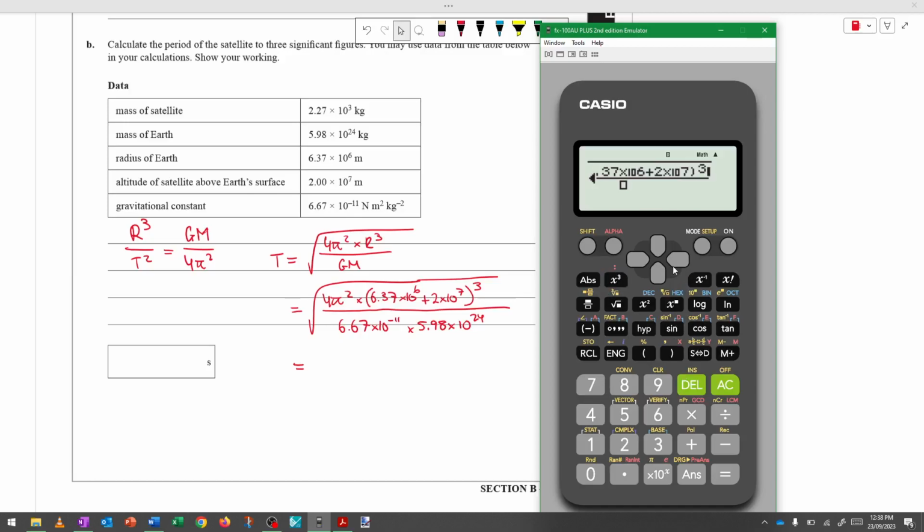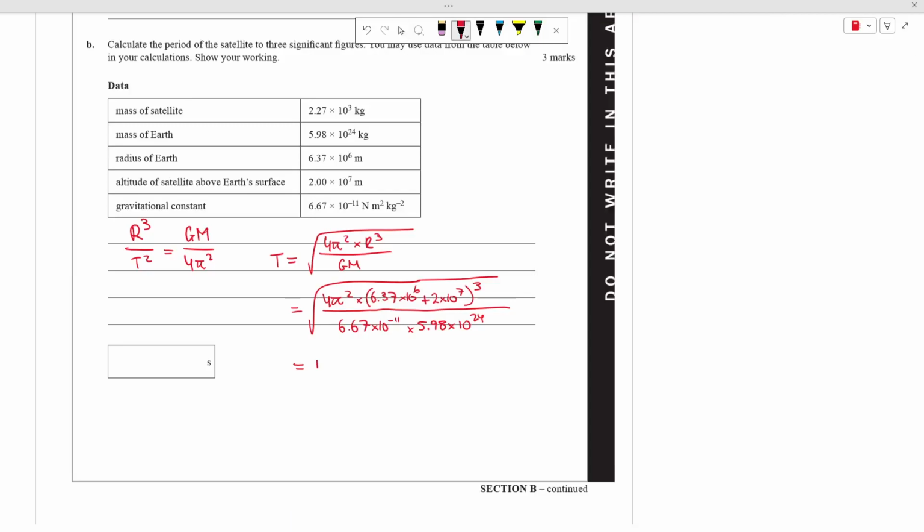Don't forget to cube that, over 6.67 times 10 to the negative 11 times 5.98 times 10 to the 24. Hope I've typed everything in right. Okay, 4.26 times 10 to the 4th power. And that's it.